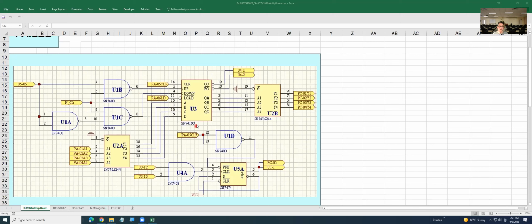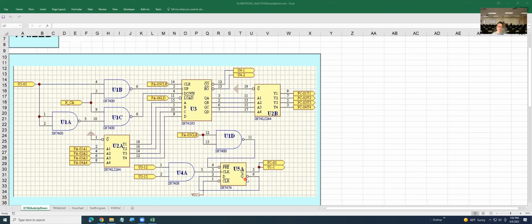And then now, in general, when they count up to 15 and the carry out, you see that? When it goes low, that goes to U4 pin 1, 2, right here. And basically that will make the clock for U5 pin 3, the D flip-flop.